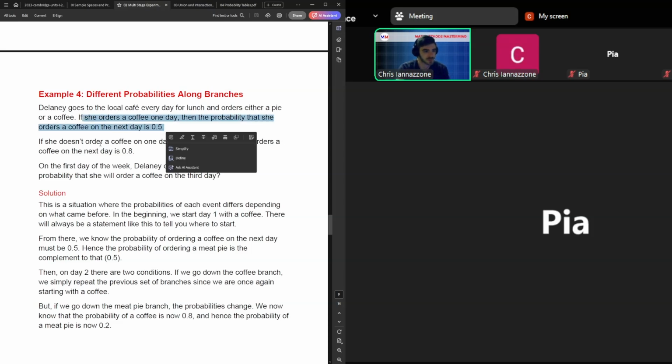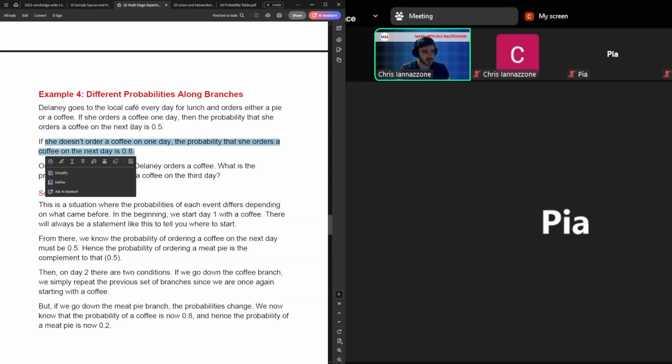There are going to be 2 statements in here that tell you the probabilities with respect to each other. The first is, if a coffee was ordered on one particular day, the probability of a coffee on the next day is 0.5. If a coffee wasn't ordered on that day, the probability of coffee on the next day is 0.8.